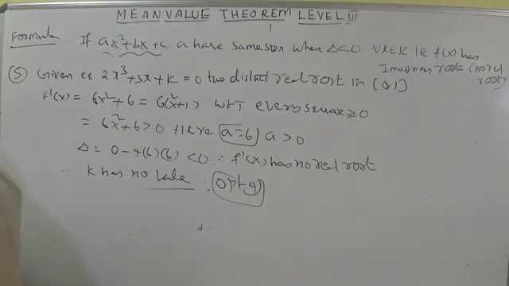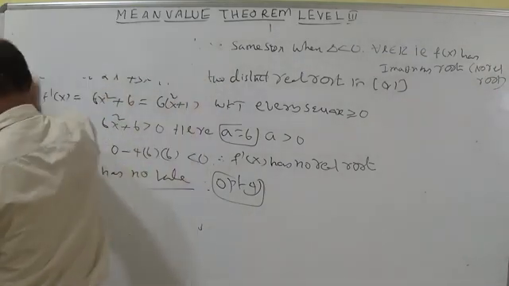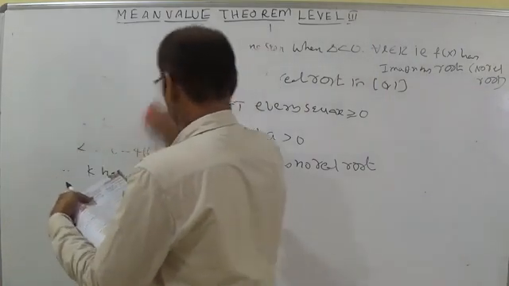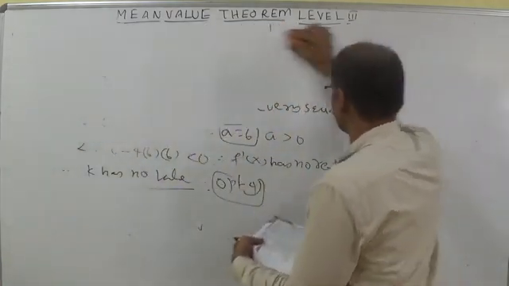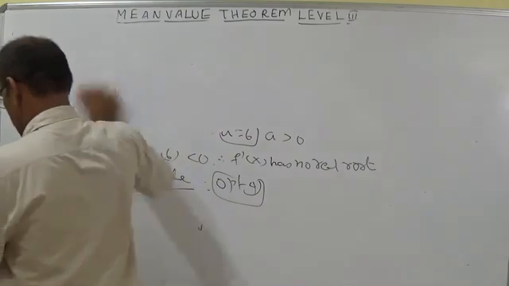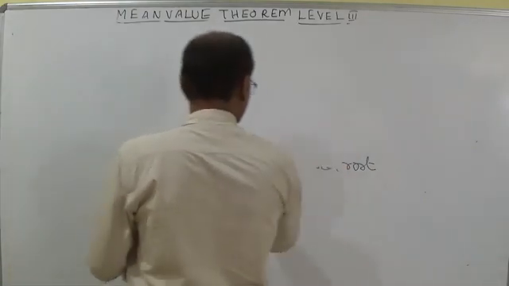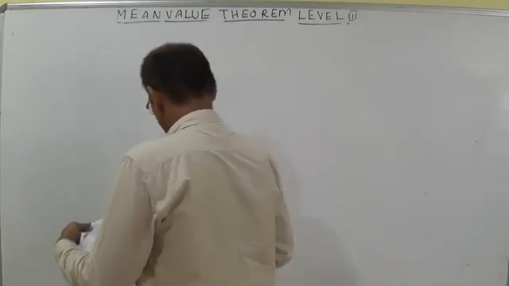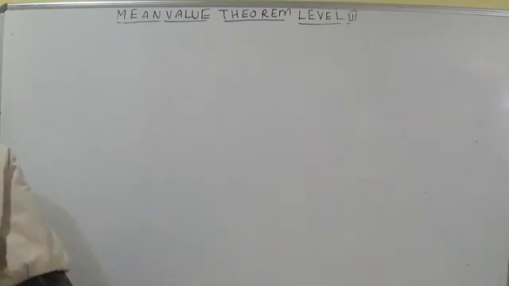Next one, sixth question. If f is a continuous function on the closed interval 0, 1 and differentiable on the open interval 0, 1, such that f of 1 is equal to 0, this is the given value.